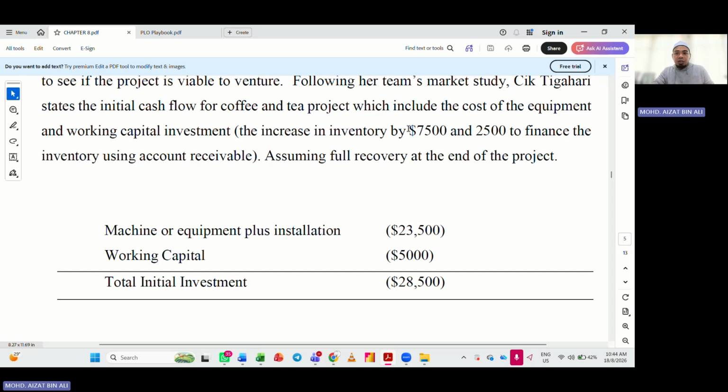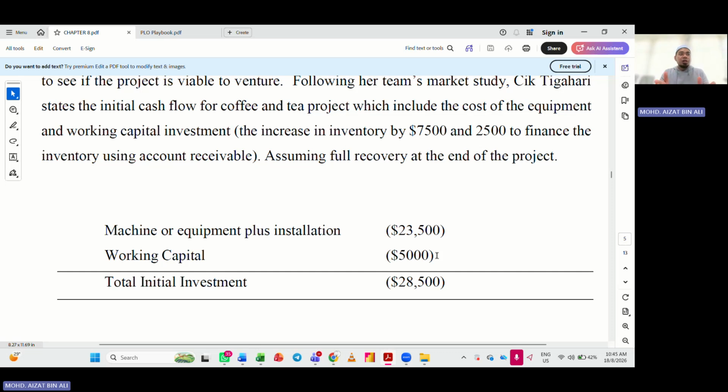This 7,500 ringgit would otherwise be all cash outflow, but part of it, 2,500 ringgit, is financed through account payable, meaning to say we owe money. So the actual amount that we spend is 5,000 ringgit. The whole value is 7,500 ringgit, but we only paid 5,000 ringgit.